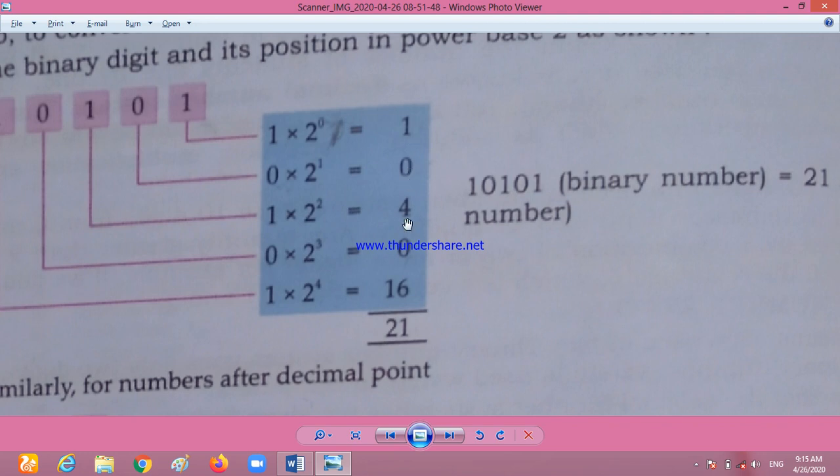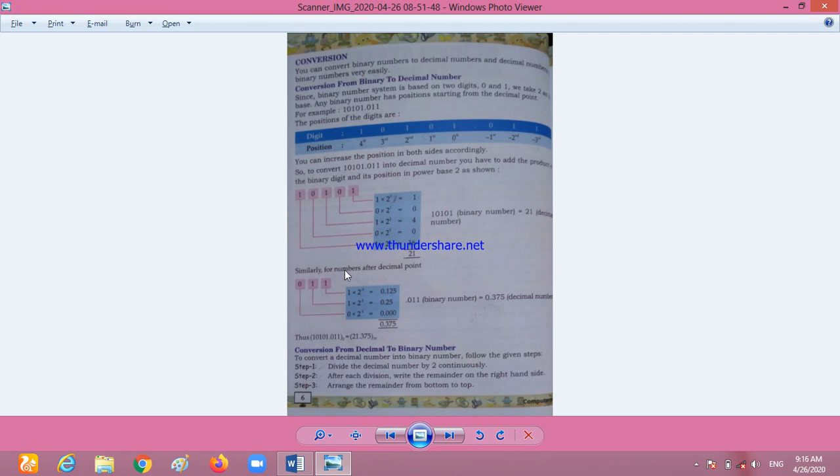Then we have to add these numbers: 16 plus 4 plus 1. What do we have? 21. This 21 is our decimal number. But we also have one more number after the point, 0.011.